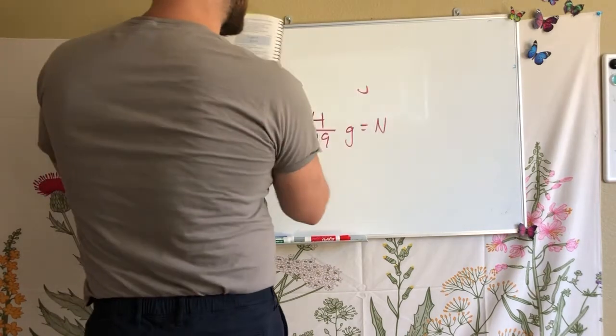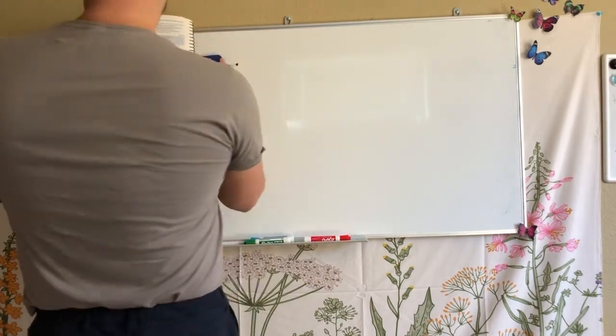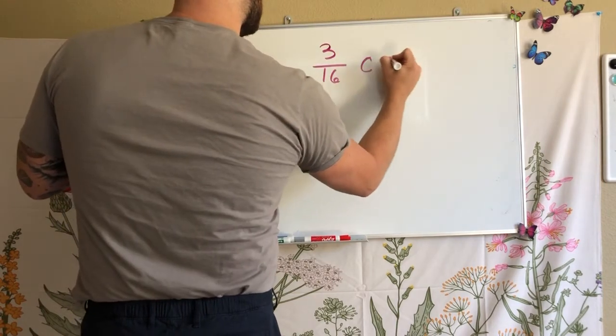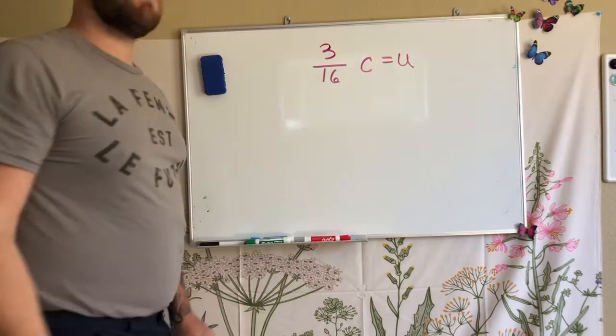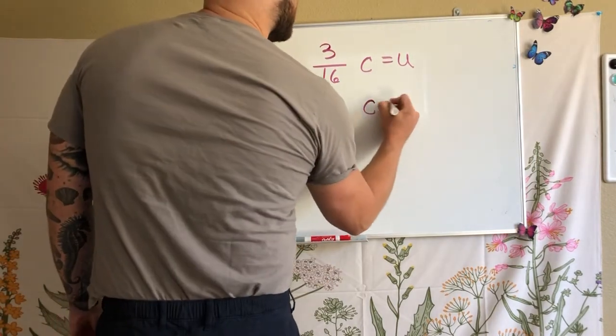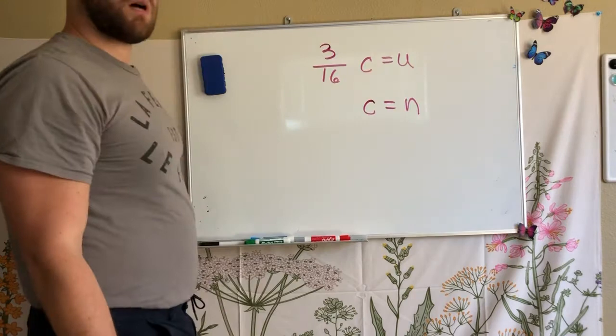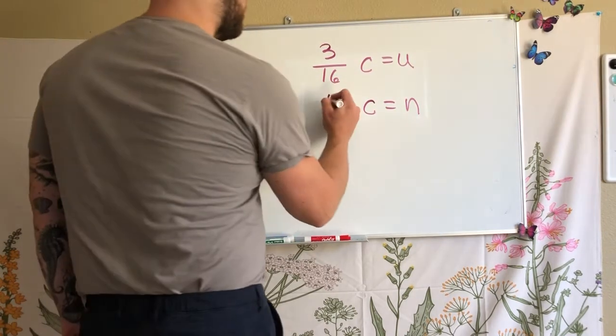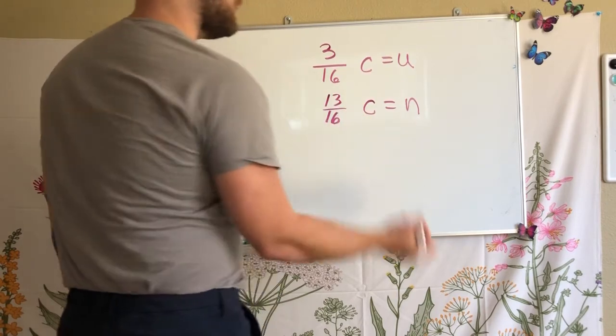All right, problem C. 3/16 of the computers were used. So, used, the others could be new. Tell me how many were new. Pause the video. 13 out of 16.